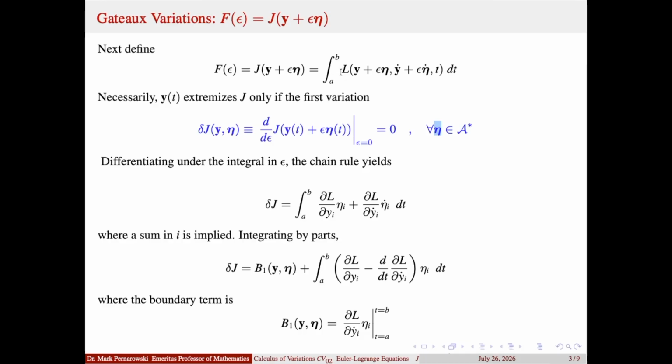So to take the derivative of this J, you just have to look and see where epsilon sits. Epsilon sits in this argument here, and epsilon sits in this argument at the top of 2. So when I differentiate this whole thing in epsilon, I can bring a derivative in epsilon outside into the integrand by making it a partial derivative in epsilon. That's a calculus result.